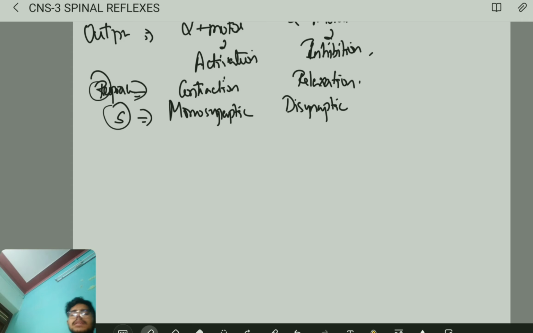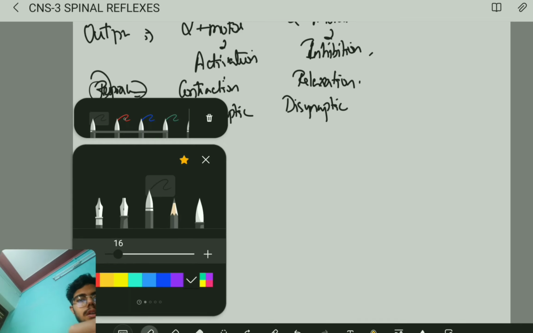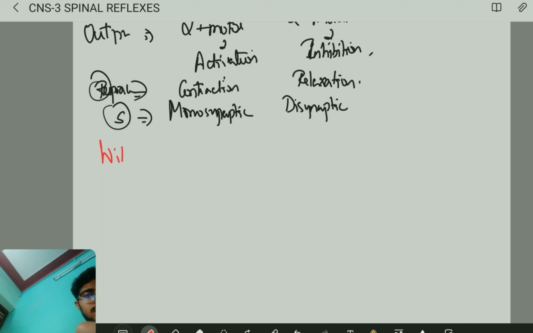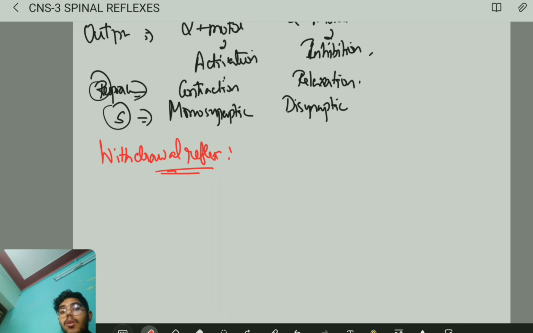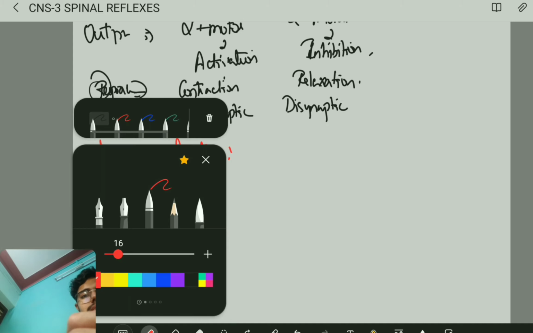We have another important reflex called the withdrawal reflex. Listen carefully. What is this withdrawal reflex? They are called polysynaptic reflexes. Now you tell me, what do you mean by polysynaptic reflex?